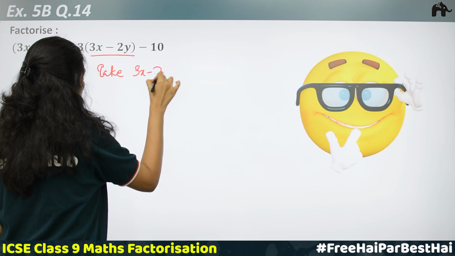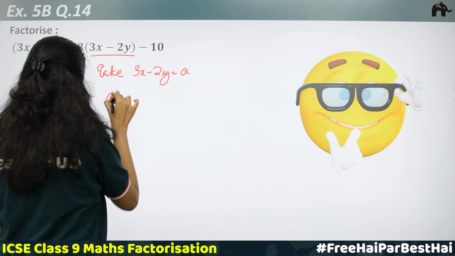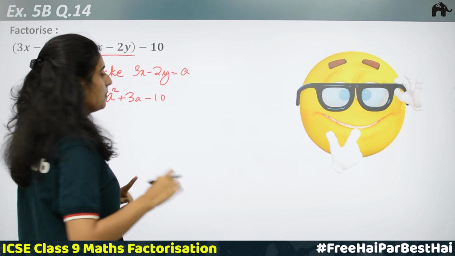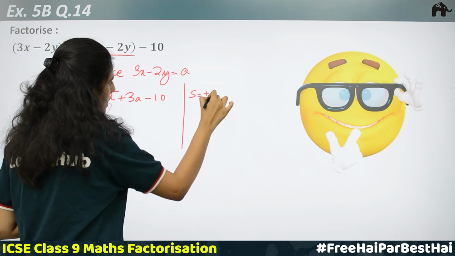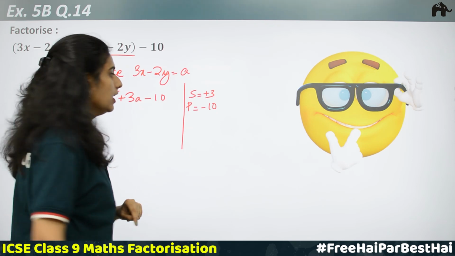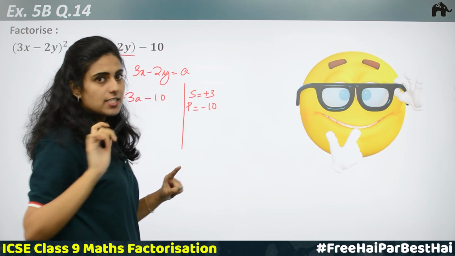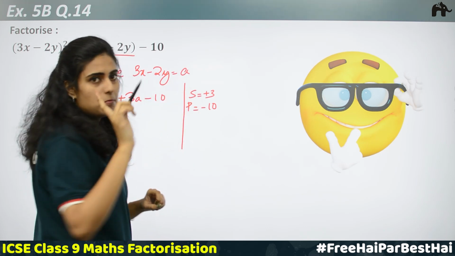Take 3x minus 2y is equal to a. So, this becomes a square plus 3a minus 10. Okay. Now, we can split the middle term. Sum should be equal to plus 3 and product should be equal to minus 10. Okay. To get product minus 10, here product is negative, sum is positive, which means the greater number of the two numbers will be positive.